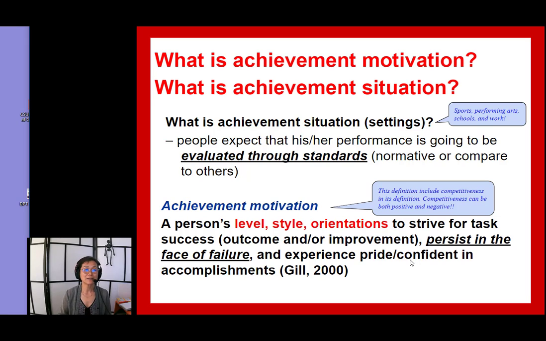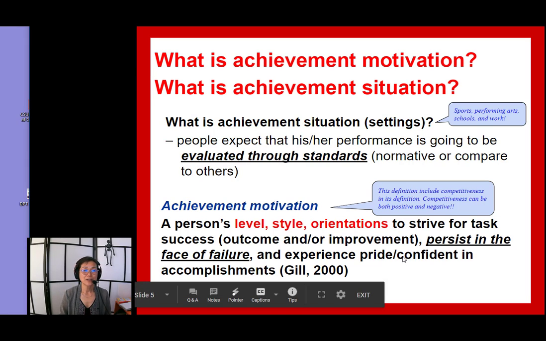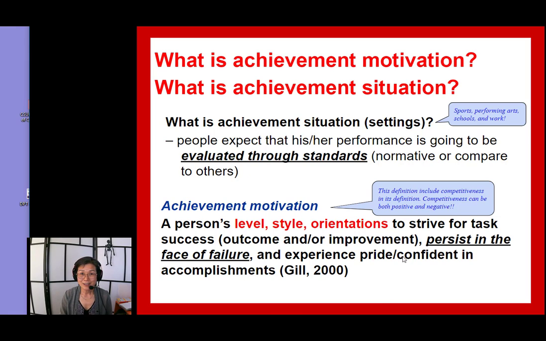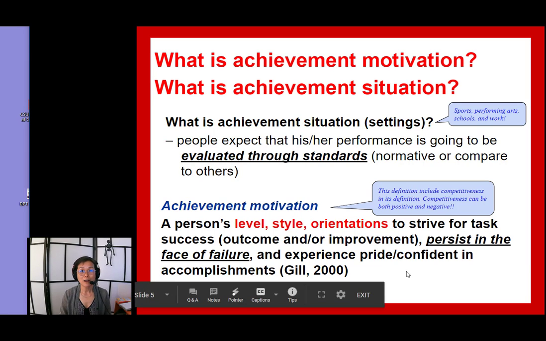Again, putting all that together, achievement motivation is a person's level, style, orientations to strive for task success, outcome or improvement, persist in the face of failure, and experience pride and confidence in their accomplishment.